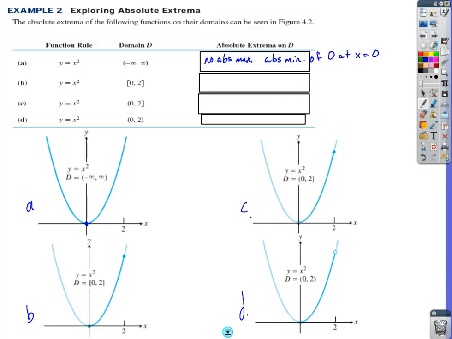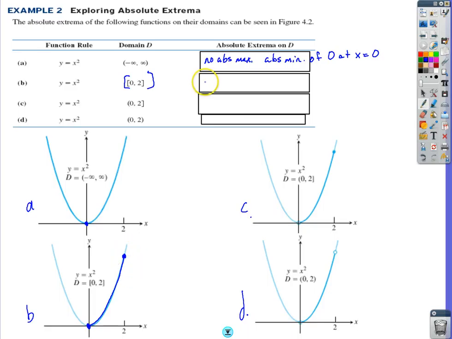Okay? So then when I go ahead and I'm looking here, now I look at B. Now what B did is they restricted my domain. And if you're having trouble seeing this, these are brackets around here, which means that they're included. So I'm including 0, including 2, and everything in between, the rest of the graph I don't care about. So in this particular case, I do have a maximum because my domain is only up to here.